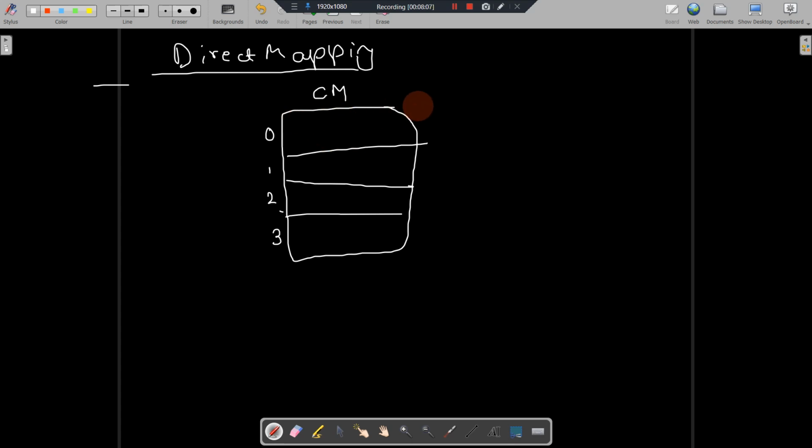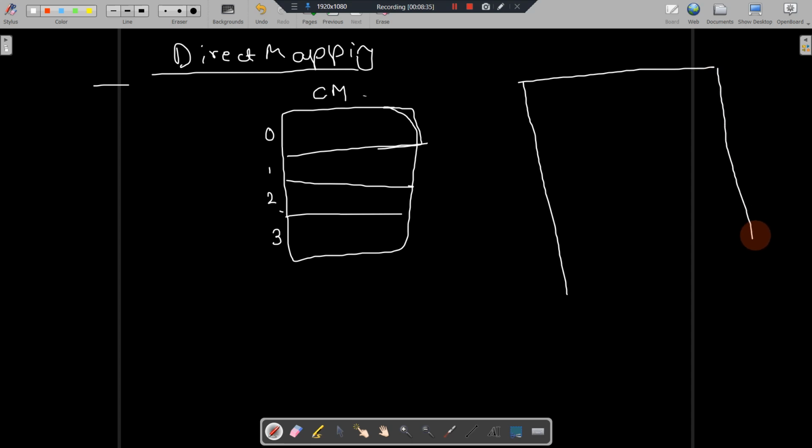Each of these cache memory indices is called a cache memory block or line. Hope you understood. And let us write the main memory blocks now. This is your main memory block.